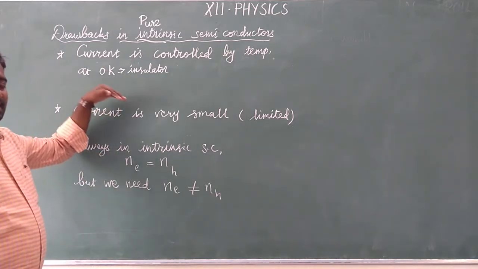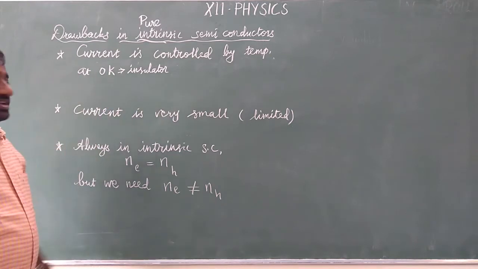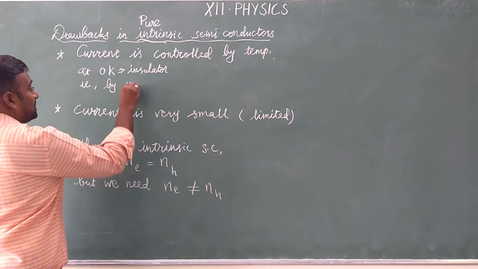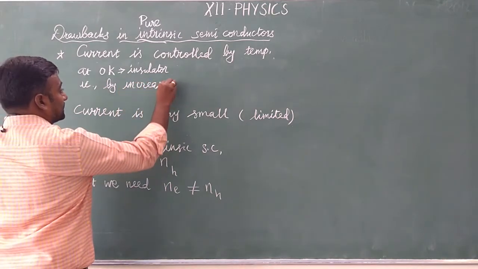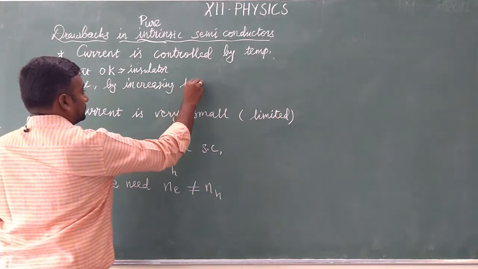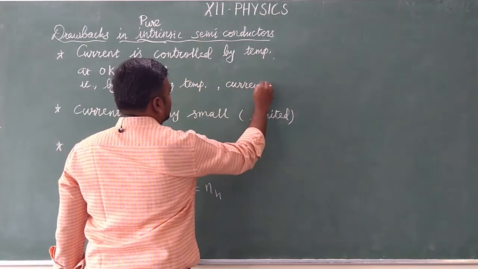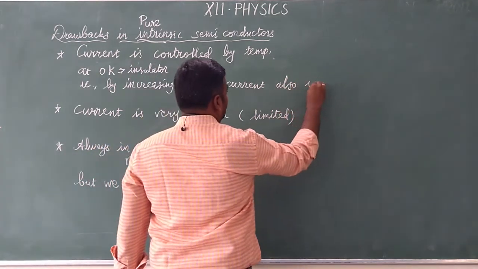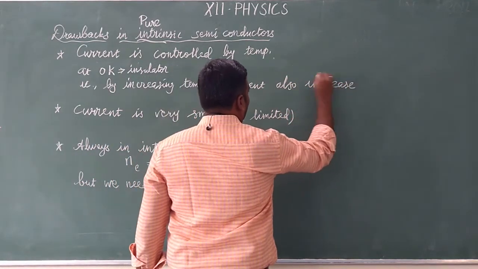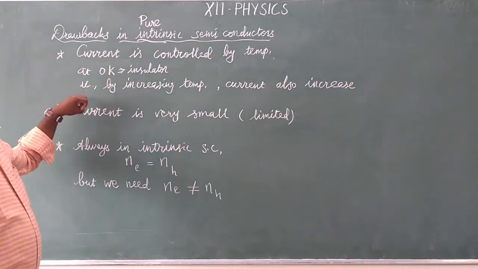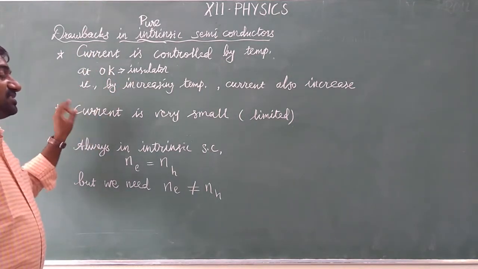By increasing the temperature, the current also increases. So the current is controlled by temperature. This is one drawback.